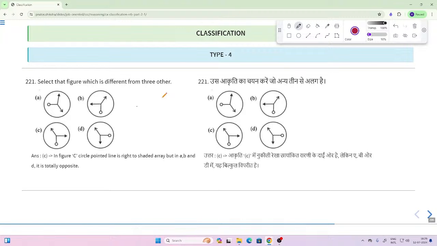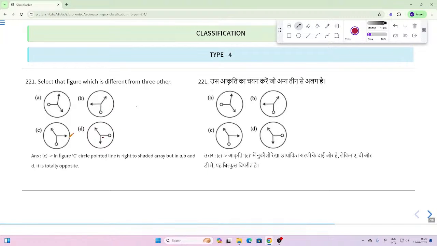Select the figure which is different from the other three. A, B, C, D. Actually, if we rotate figure A anti-clockwise till the filled arrow points to where the circle is, we would get the same figure as B. Next, if we were to rotate B even further, we could get figure D as well.